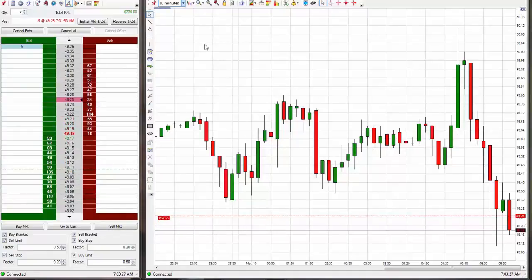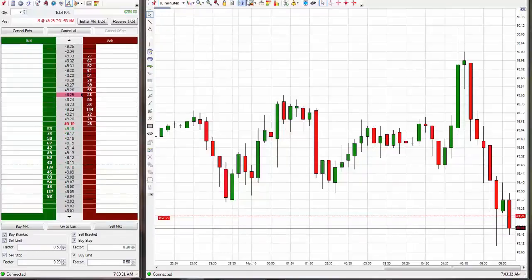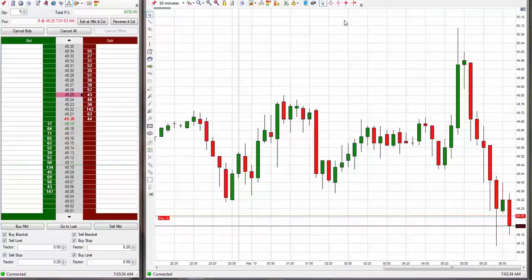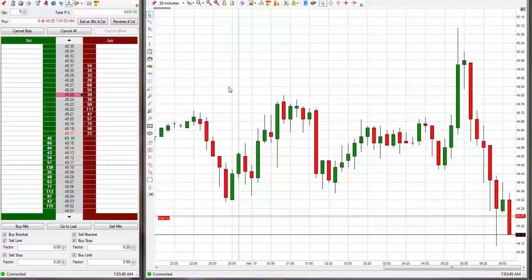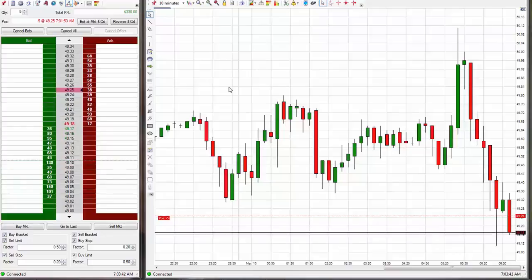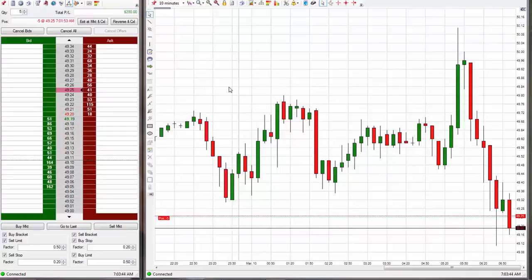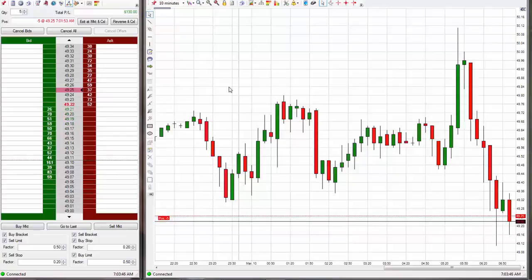I think I have room for 3 of them in here, 1, 2, 3. Then I'll trade all 3 instruments at the same time using the codes, and you'll be able to see the true power of the code. You don't have to just trade one instrument.